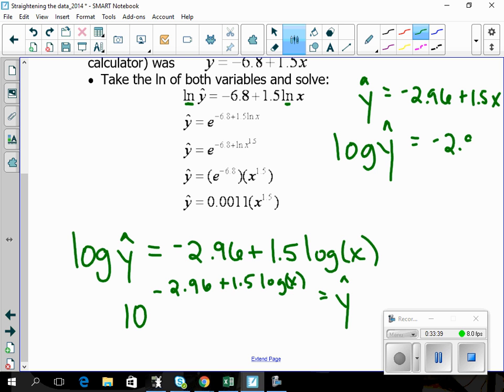Do you understand where I had to go with that? The base of this is 10. If it's not there, it's going to be 10 to this power. And I can keep doing rules. There are a lot of ways to go about condensing and expanding.